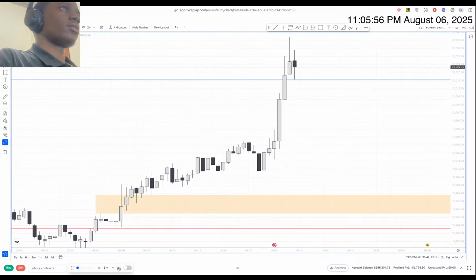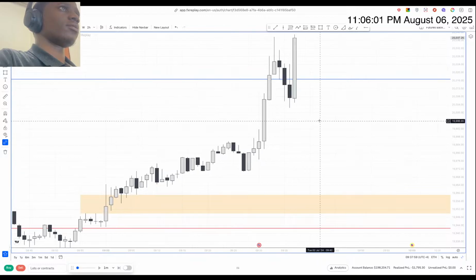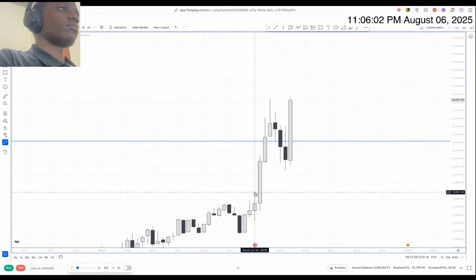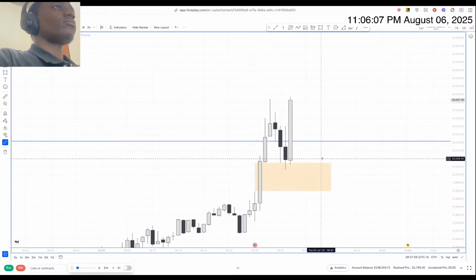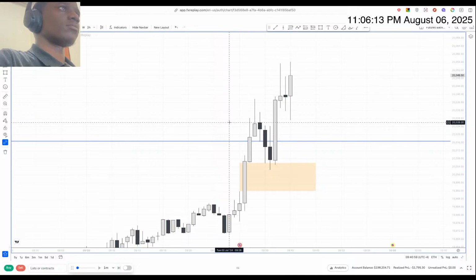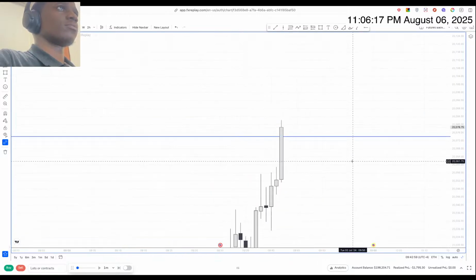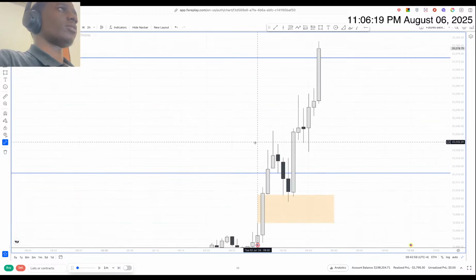And it gets taken out very, very quickly. We have this as our first presented fair value gap. And we also take out that daily high.